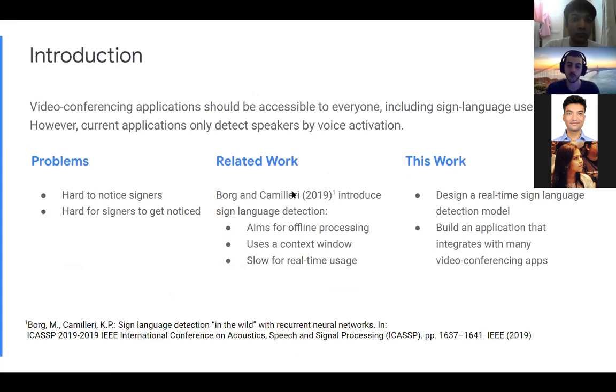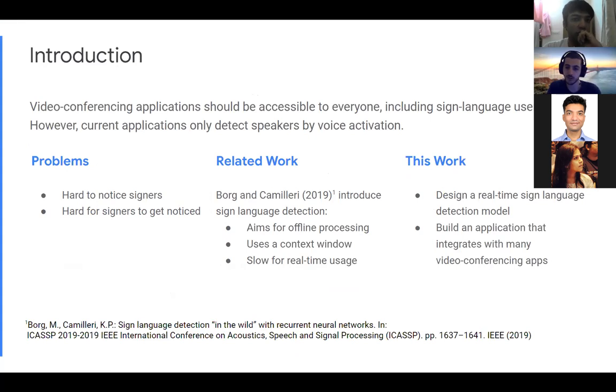Did you compare to them? They have a different dataset of sign language in the wild. We didn't compare for two reasons, but it is a good question to come from reviewers. You did mention it in your previous work, but why didn't you compare?